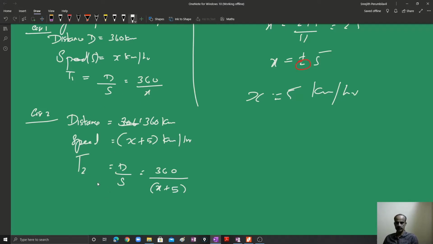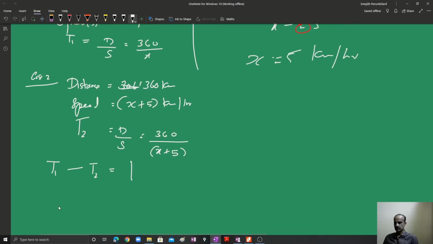Of course, less speed takes more time. So the difference in time, T1 minus T2, is equal to 1 hour. That means 360 by x minus 360 divided by x plus 5 equals 1.